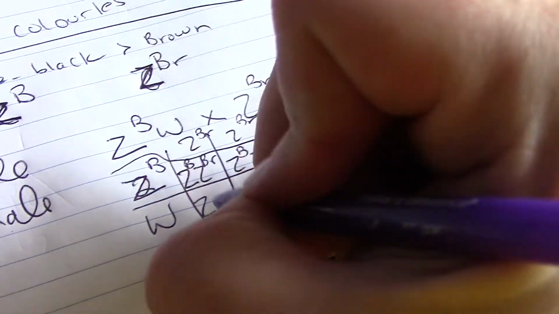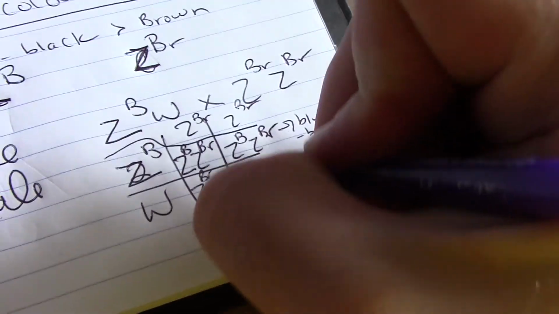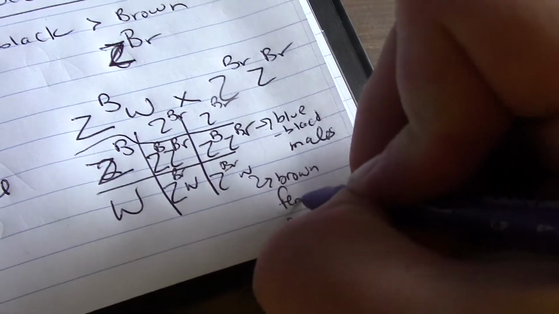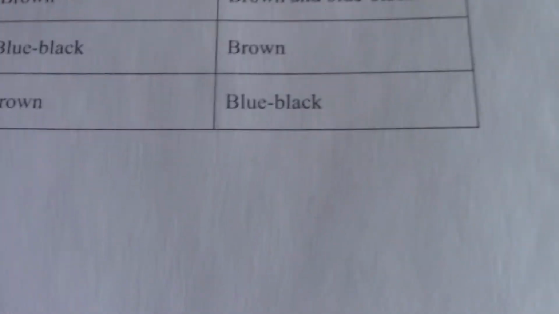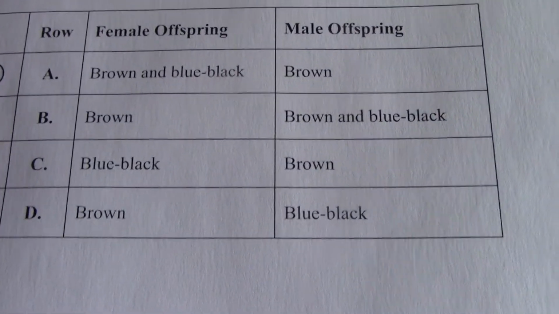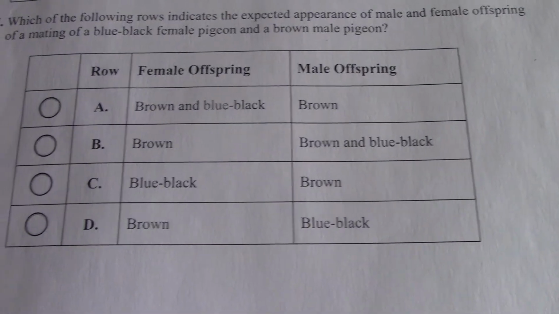And then you're going to have ZBR W and then ZBR W. And those are brown females. Okay. So your answer is B, right? So male offspring are blue-black because the B allele is dominant to brown. And the female offspring are all brown. Okay.